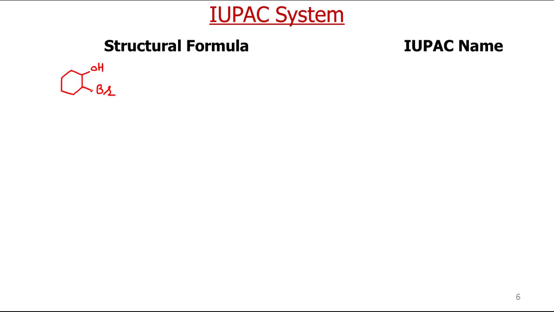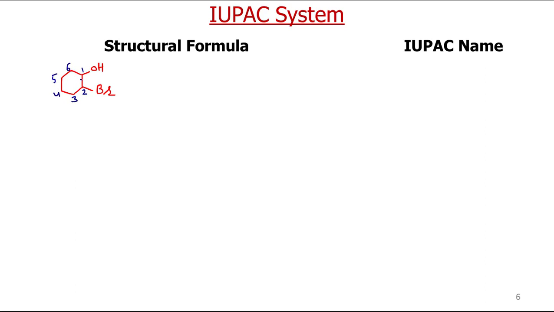That means Br will go as a prefix. We will start numbering from the carbon atom which contains the group with highest priority: 1 2 3 4 5 6.